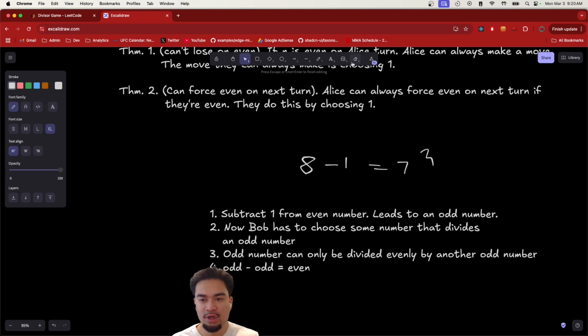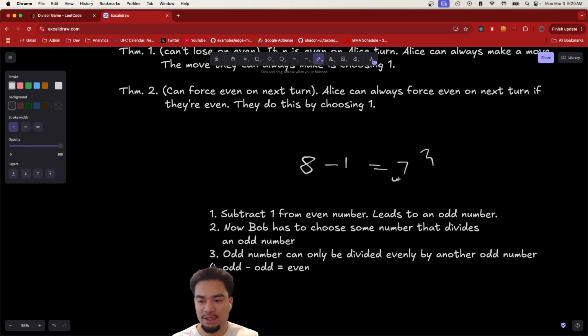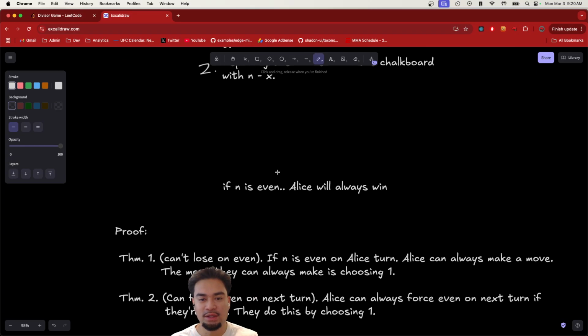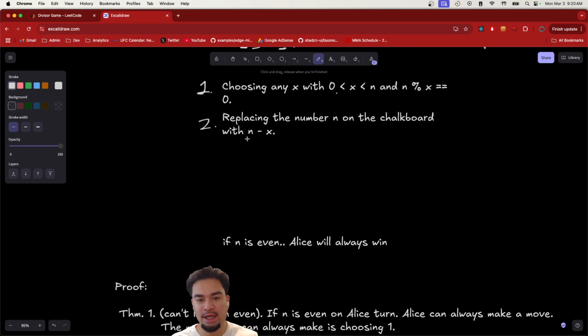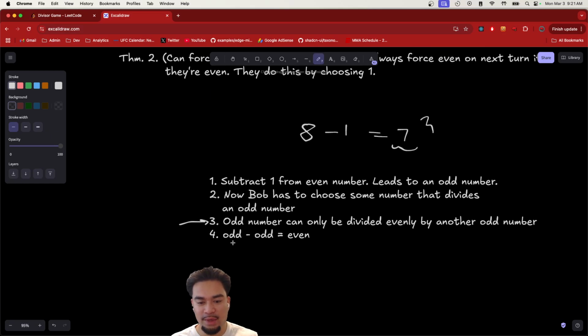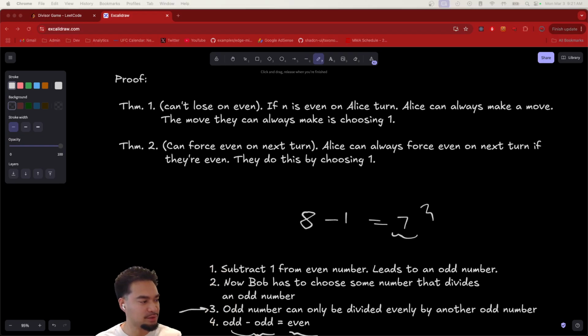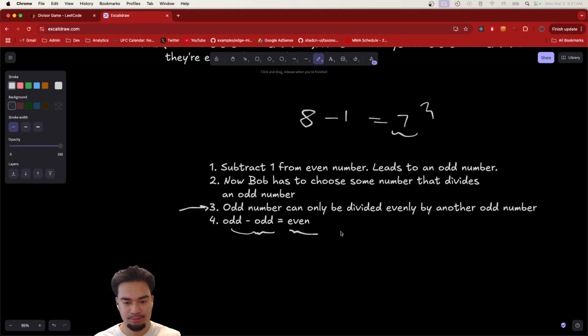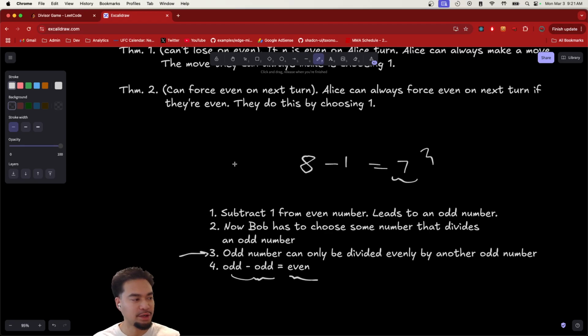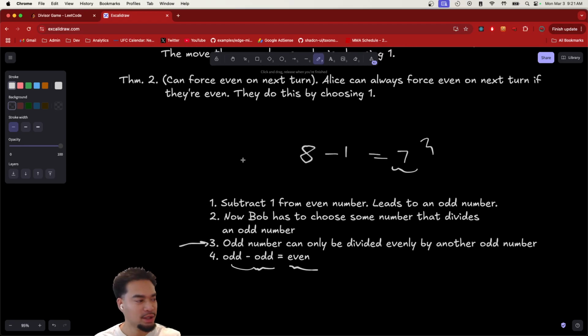If the current number is odd, they need to choose an odd number to divide it, and then the next step is to subtract that number from x. So odd minus odd is actually equal to an even number. That's how we can prove that we can always get to an even number. Let me move myself here, I was blocking it a bit.